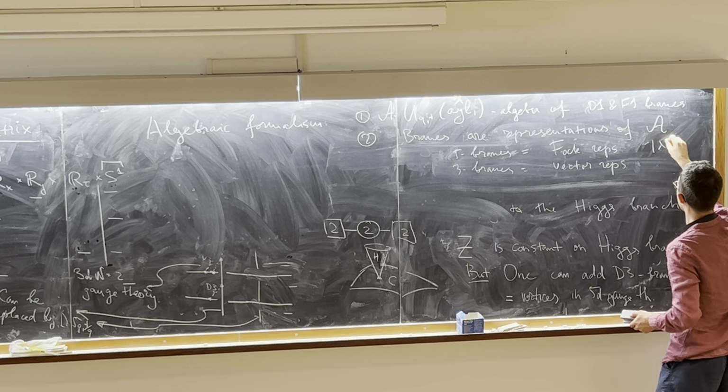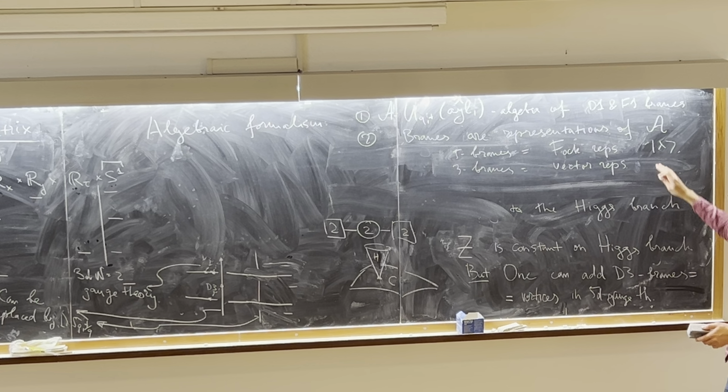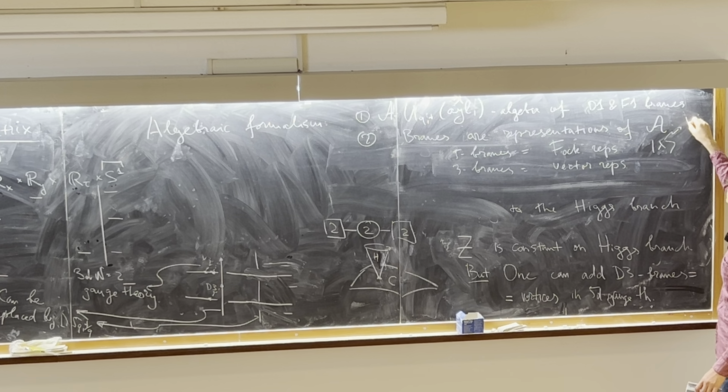Fock representations are, well, the important mnemonic is to remember that the states of these representations are instantons. Instantons in the 5D gauge theory. So the instantons, fixed points in the instanton moduli spaces, are Young diagrams. So this lambda is a Young diagram.